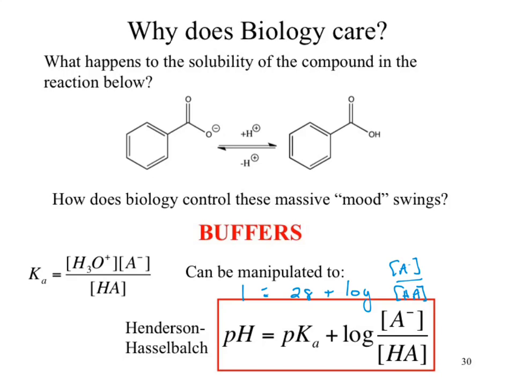What is A minus? Hydrogens not on the structure. What's HA? Hydrogens on the structure. If we go through and do this math, solve for our concentrations. 1 minus 28 is? Okay, negative 27. How do we get rid of the log? We're going to have to work our... Oh, man. I don't have a nice place to work this.